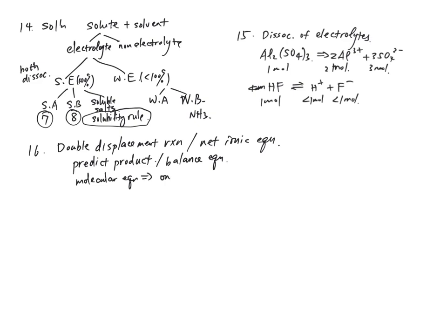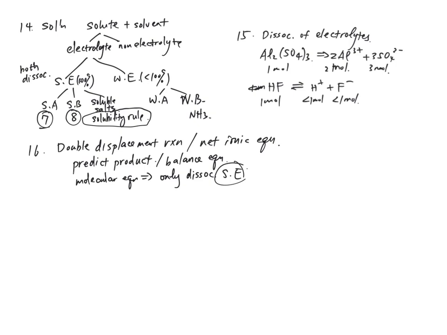Only dissociate strong electrolytes. So if it's an acid, I only break down strong acid. If it's a base, I only dissociate strong base. If it's a salt, an ionic compound, I only dissociate the soluble ones.